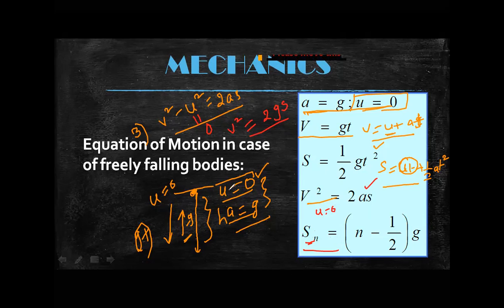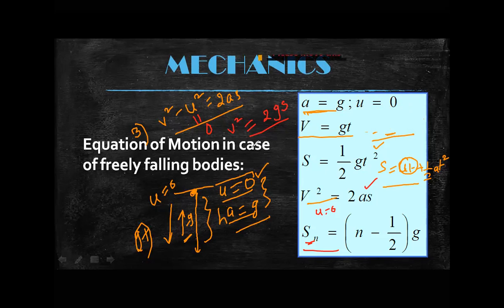These are the modified equations when the situation is freely falling bodies, when the bodies are released with initial velocity 0, and the acceleration of the object becomes acceleration due to gravity, which is positive. Is it clear for now? Clear, sir.